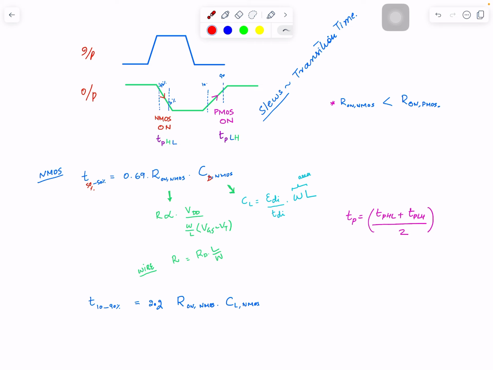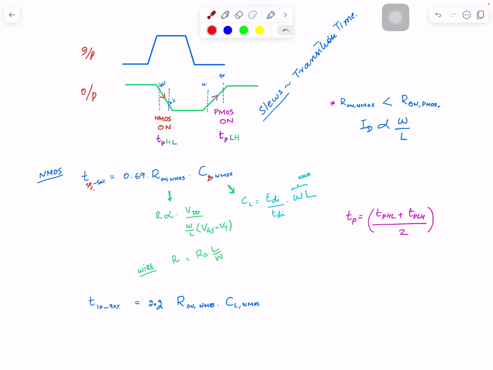So what happens if PMOS has more resistance? It will have more transition time. You see here, the transition time for PMOS is higher than NMOS. That is when you leave it at default, with the width and length of PMOS exactly the same as NMOS. Remember the current was proportional to W over L, assuming everything else is the same.